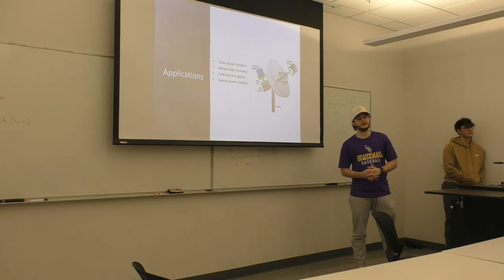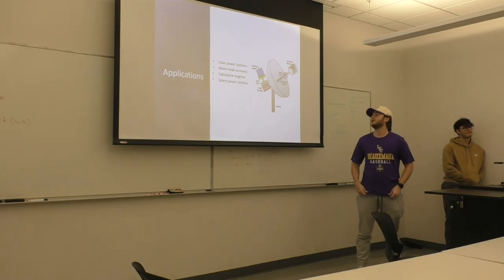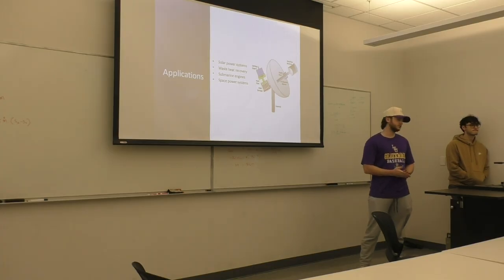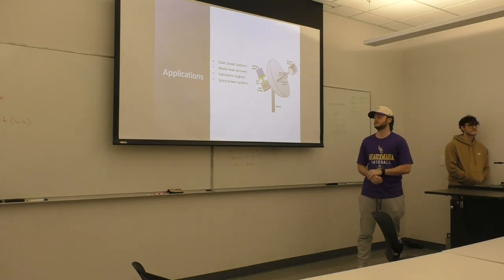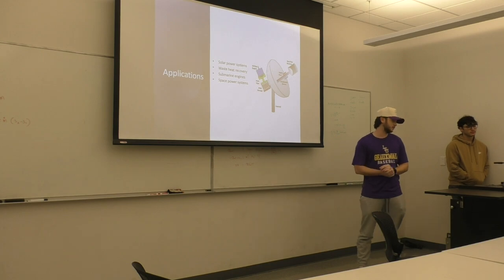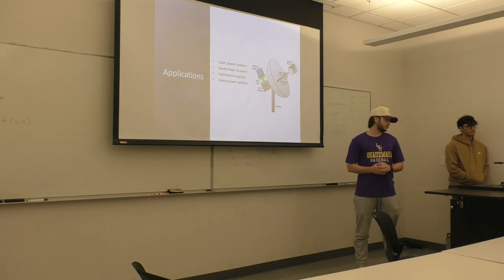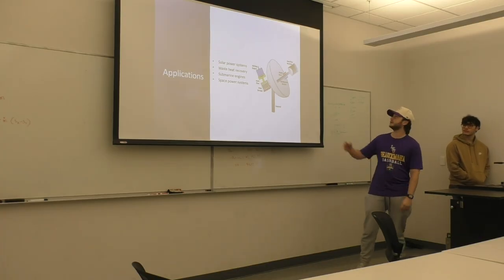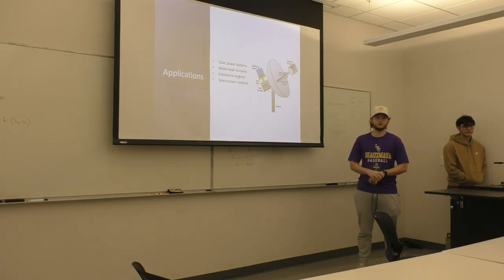Stirling engines have several applications. Some include solar power systems, waste heat recovery, submarine engines, and even space power systems that companies like NASA develop. For solar power systems, sunlight is concentrated into the heat pipe receiver with 2 mirrors.